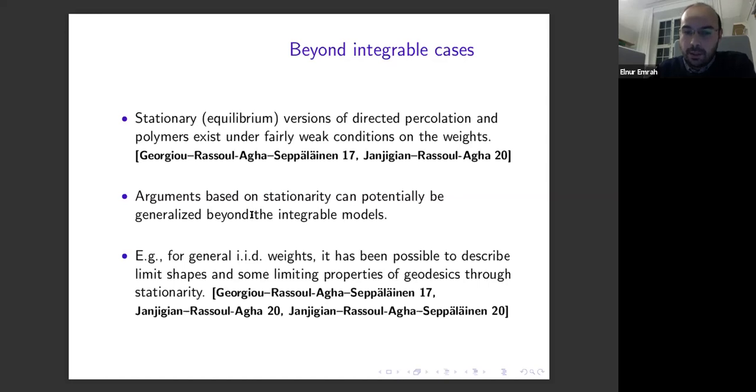So this is quite speculative now, but the arguments based on stationarity can potentially be generalized beyond the integrable models. Of course, if this is feasible, it would require substantial work, but it's not entirely a far-fetched idea, because at least for some problems, this program has been successful. For example, for general i.i.d. weights, it has been possible to describe limiting shapes and some limiting properties of geodesics through stationarity.